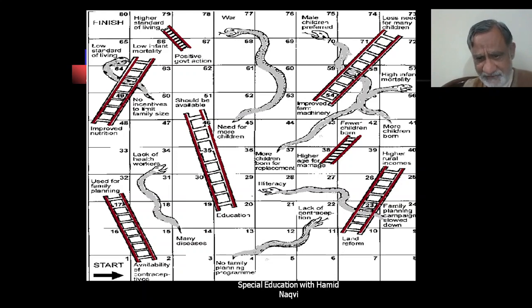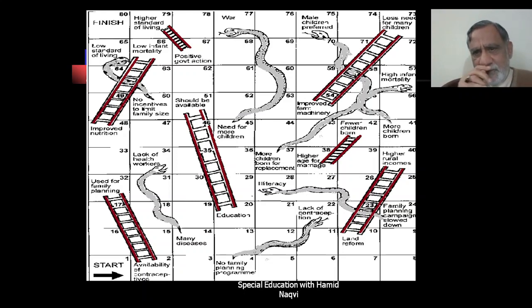Then we find a snake at 22, lack of contraceptives. Then we again find a ladder at 38, and a ladder at 20. Then we find a snake at 34, that is lack of health workers.